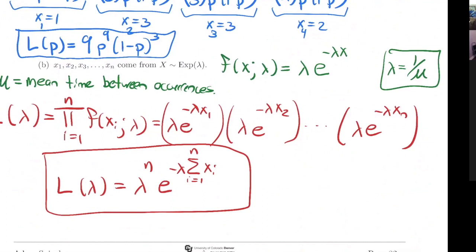So, I mean, there's 2 things you need to know, and that is what's the PDF, and that's going to depend on what you're assuming the distribution of the underlying population is. And then it's going to be the values that you observe. So once I know what the PDF is, then I just evaluate it at each of those values and then take the product.